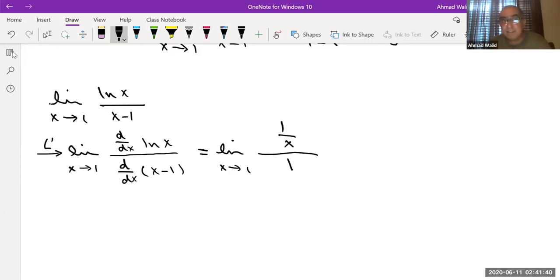After each step, you have to plug in. Now, you plug in x approaching 1. You plug in 1 here. It gives you 1 over 1 over 1, which gives you what? 1. Very easy method to deal with type 1 in the indeterminate forms, which is 0 over 0 or infinity over infinity. Right? Let's do another example.